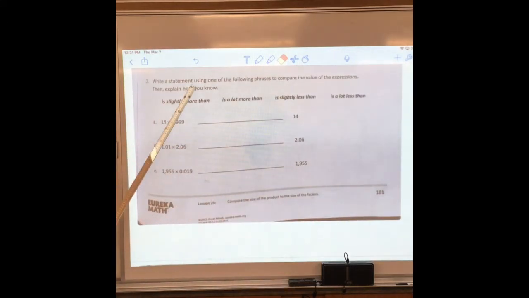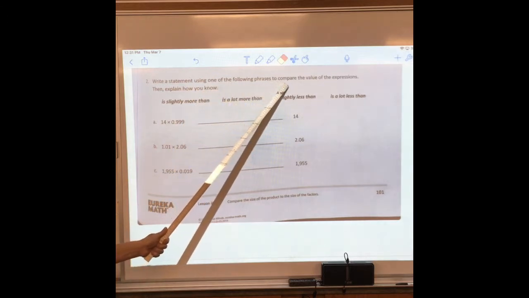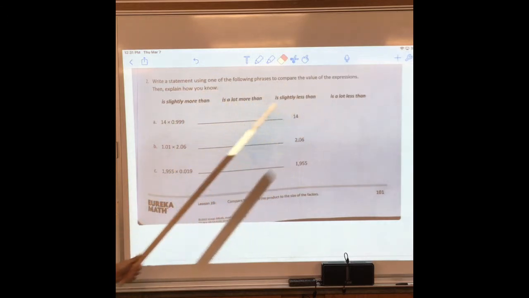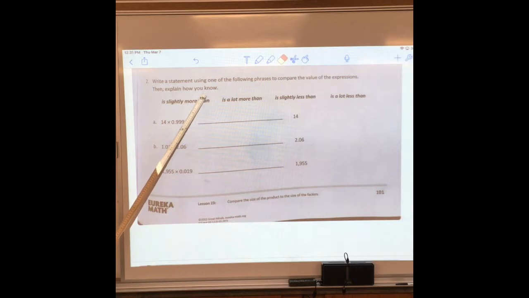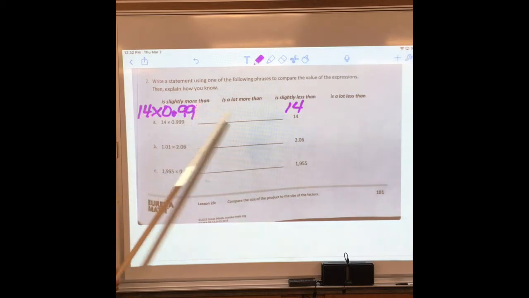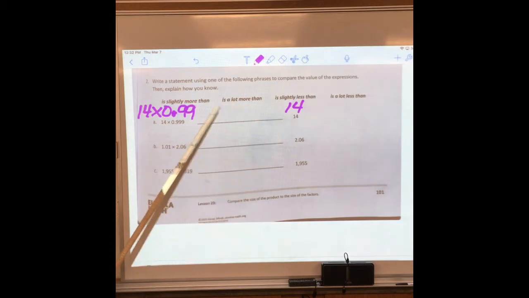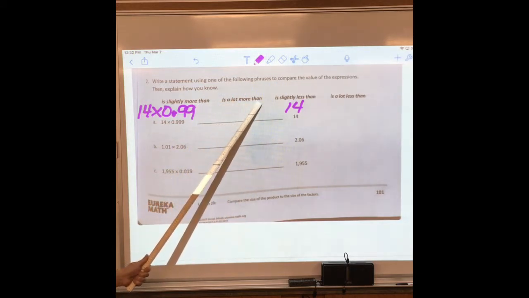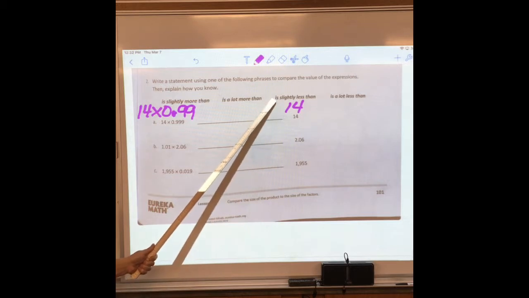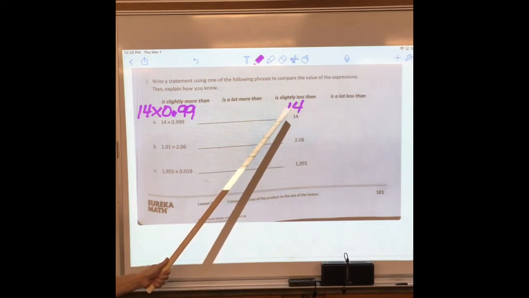Okay, write a statement using one of the following phrases to compare the value of the expressions and explain how you know. Okay, 14 times 0.99. 14 times 0.99. Is it going to be slightly more than 14? Is it going to be a lot more than 14? Is it going to be slightly less than 14?